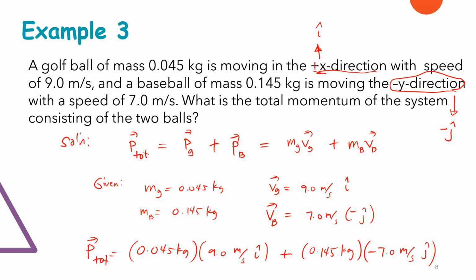If you multiply these two, you will get the total momentum equal to 0.41 kilogram meters per second i hat minus 1.02 kilograms meter per second j hat.